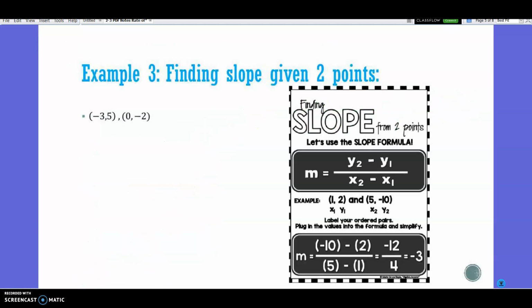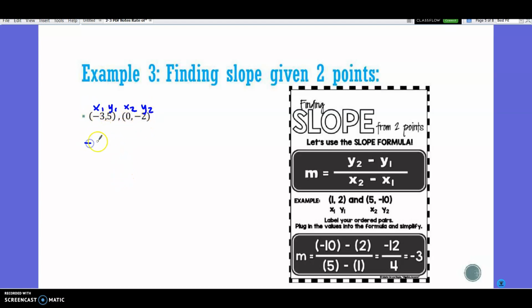Okay, given a set of points, you're going to do the exact same thing. Change in y over change in x, except now you have the 2 points you're supposed to use. So this is x1, y1, x2, y2, and it doesn't matter, you can make this point x2, y2, and this point x1, y1. The order matters as long as both of them are 1s or both of them are 2s.